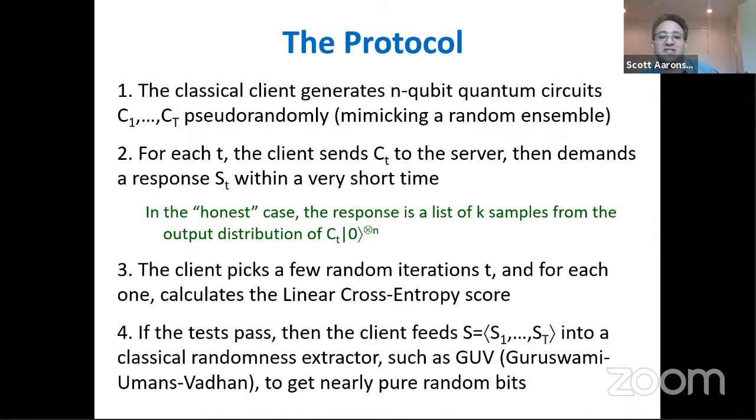Now if the test passed, then you get some lower bound from the analysis on the amount of min entropy that has to be there in all of the samples concatenated together, under some computational assumptions. You don't know where the entropy is, but you can take all the samples and feed them into a known tool, a classical randomness extractor, such as the so-called GUV extractor, in order to get out nearly pure random bits that you could then use for some cryptographic application.